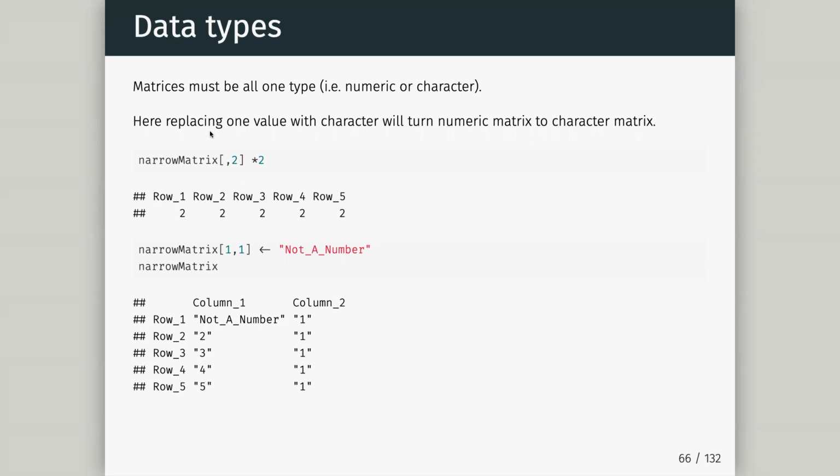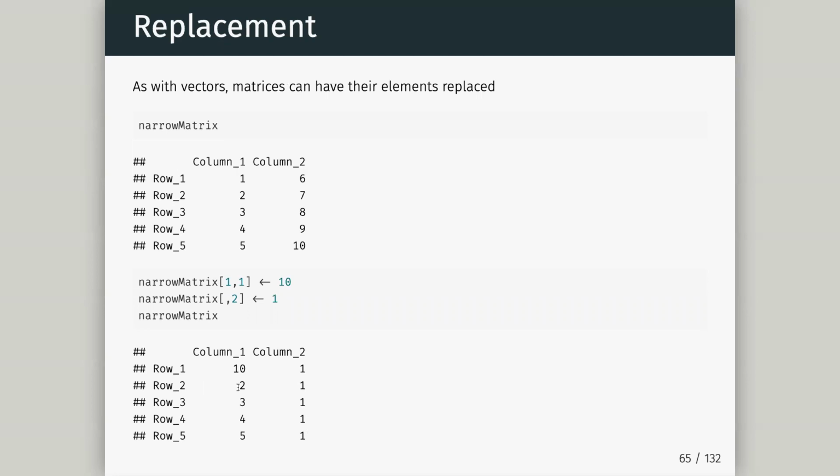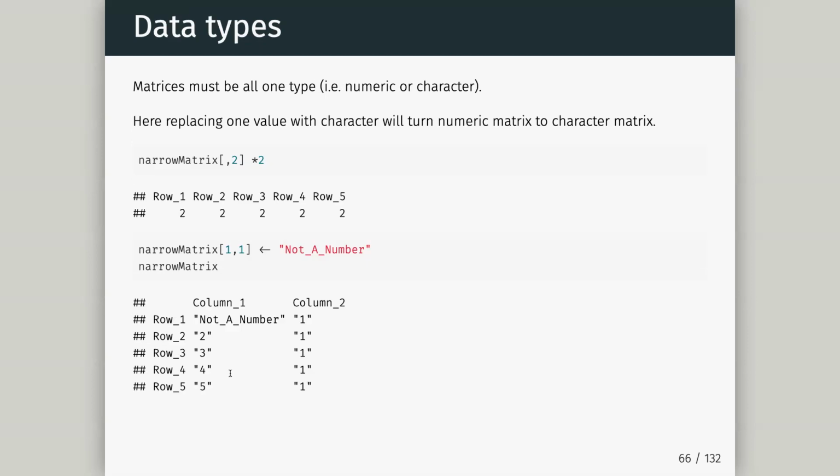If I times that by 2, I can get the result back from it. But now, if I replace this first value, if you look at this, you can see nothing is quoted, there's nothing strange here, no quotes. As soon as I assign a string value within this matrix, it turns the whole matrix into strings.